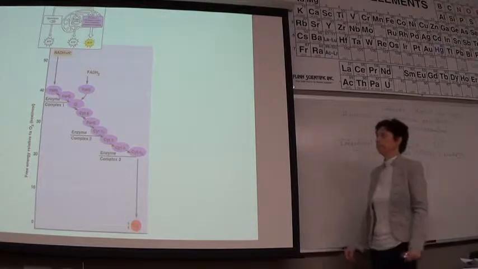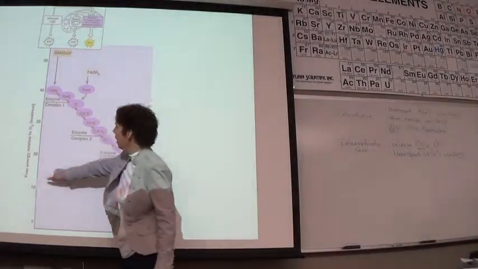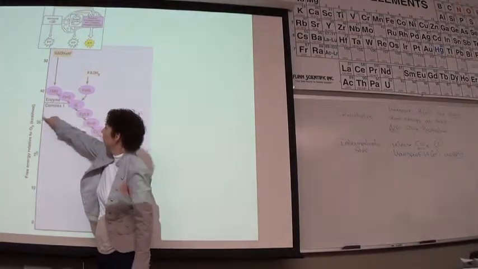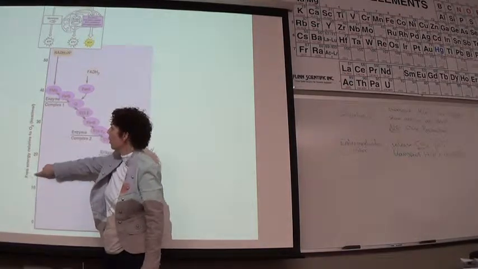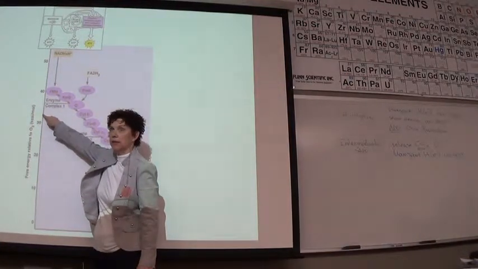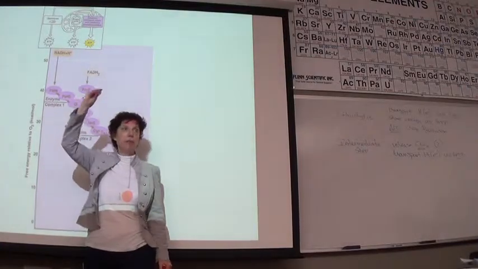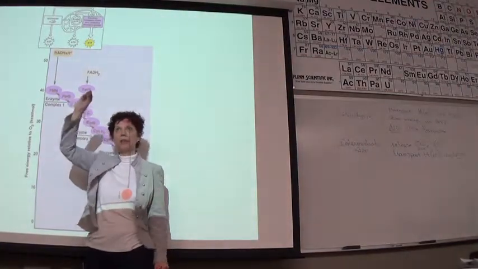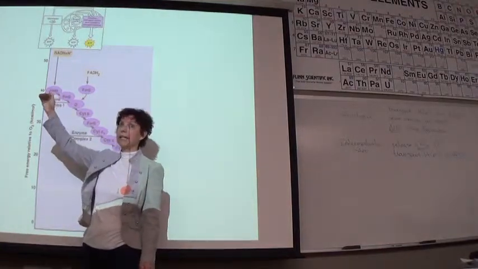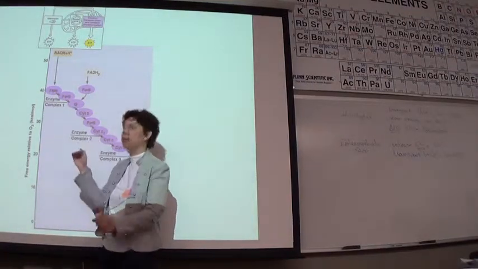This diagram is primarily to show the energy levels. All right, so remember, our purpose is to capture the energy of the electrons. They're coming in at their highest level associated with the hydrogen proton.